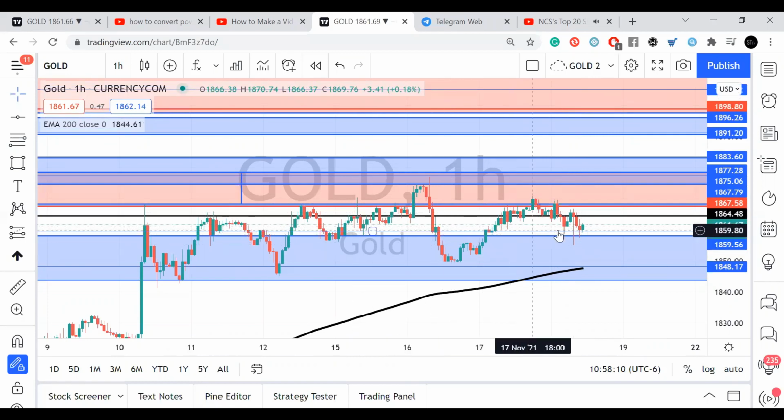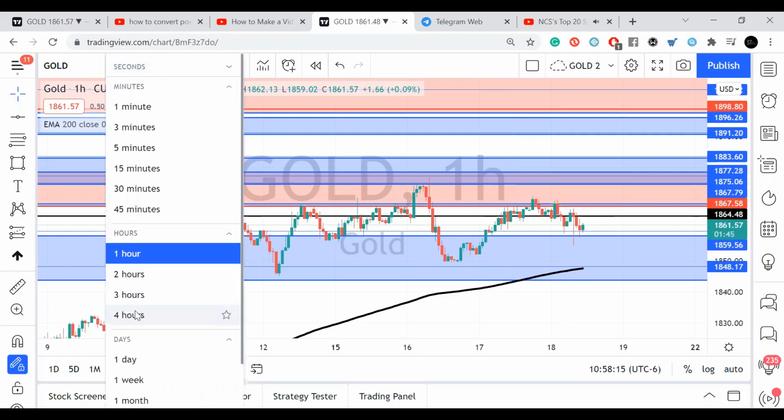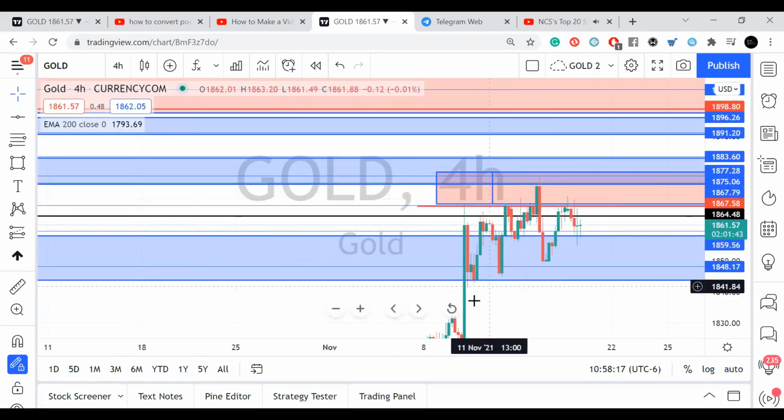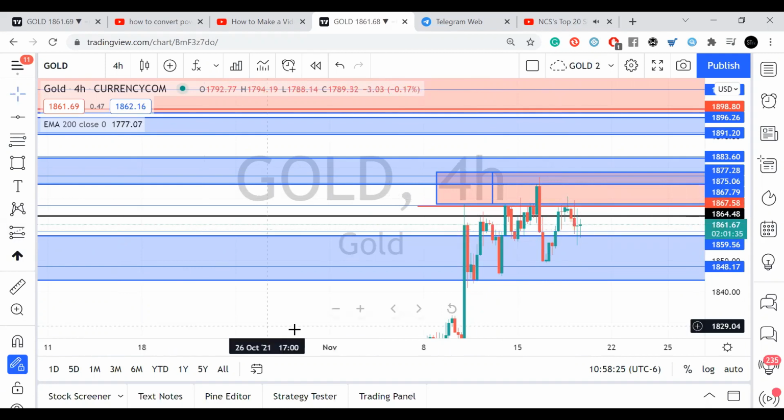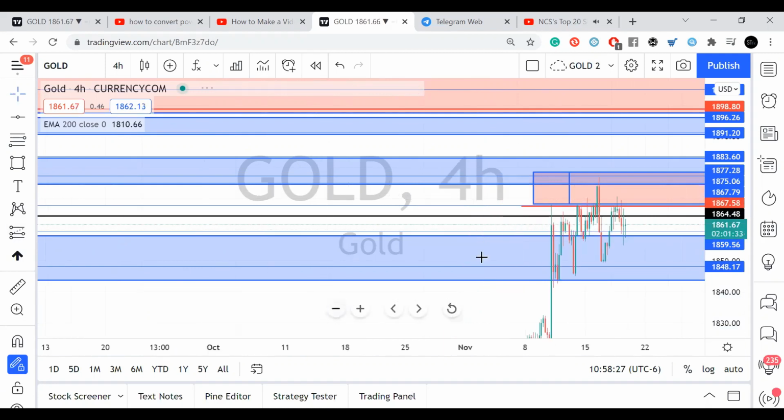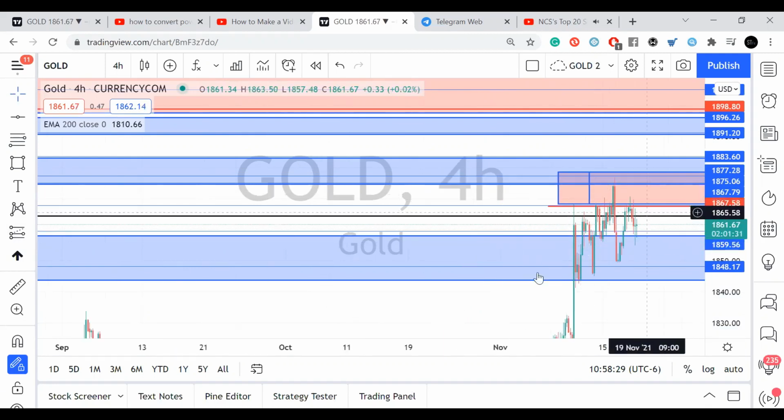Let me go on the 4 hour chart. I'm expecting price to reach, price is just in a zone. Price is just repeating what happened previously. Price is in a range, just going up and down.